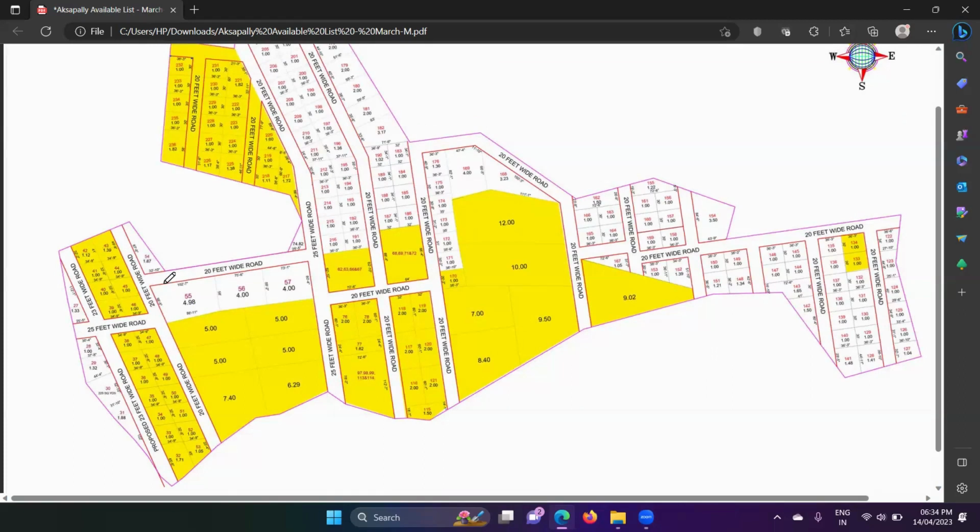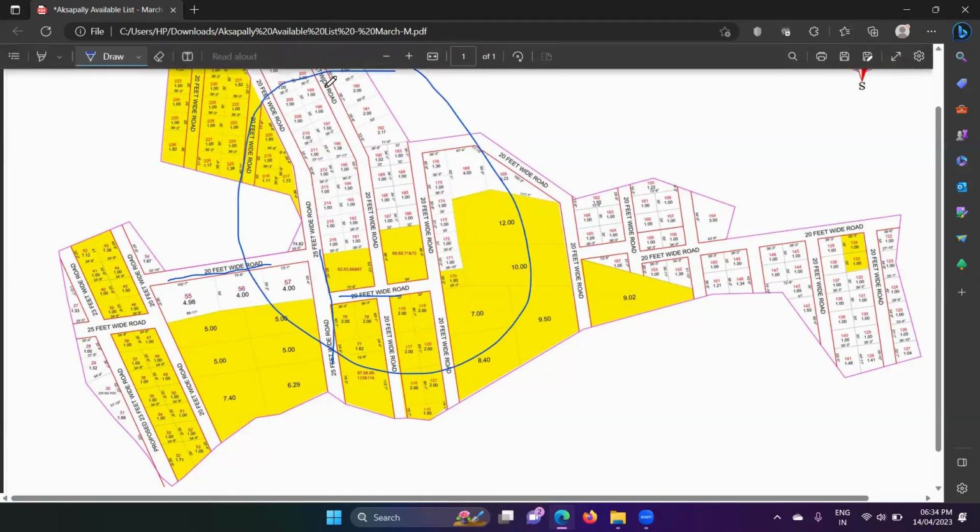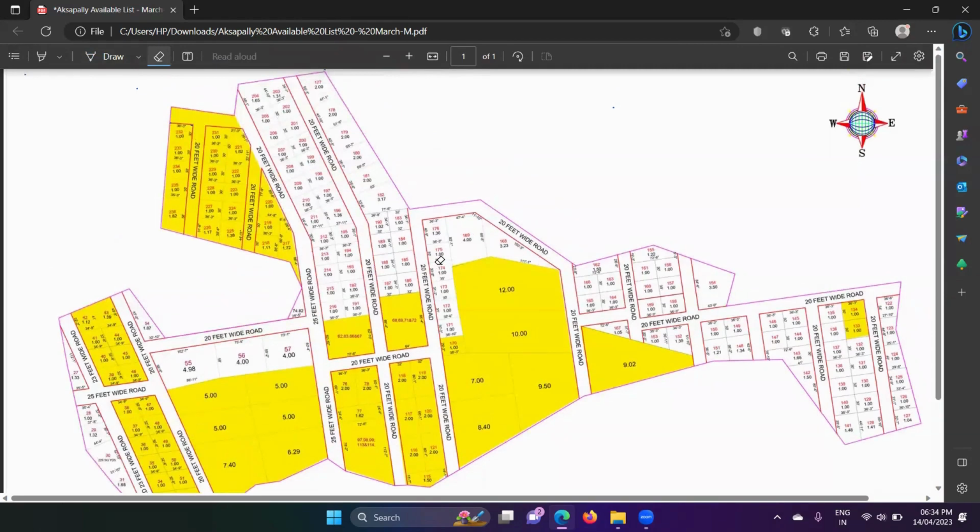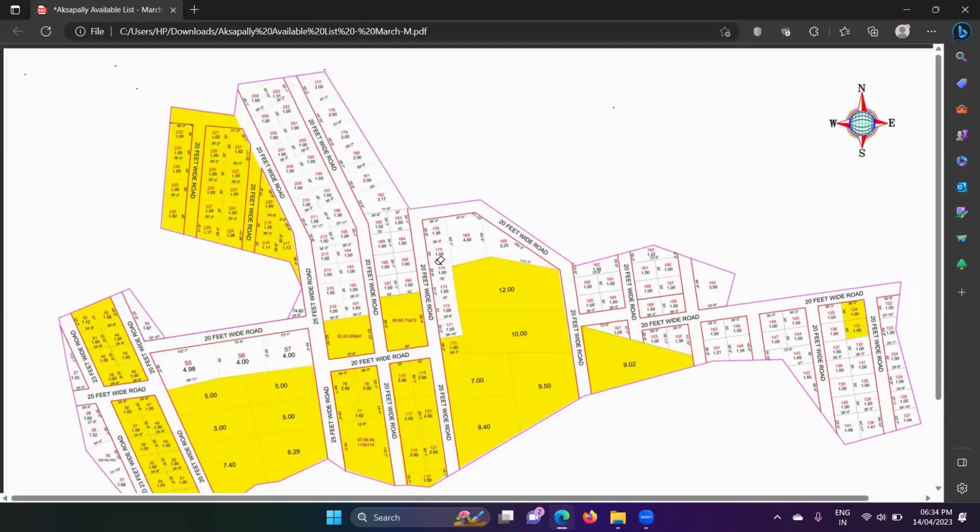Paths means the roads that you see here. They have to accommodate this, because only then can they divide the property and make the roads so that people can get into their plots. There are several things they need to focus on when they do this survey and plotting.